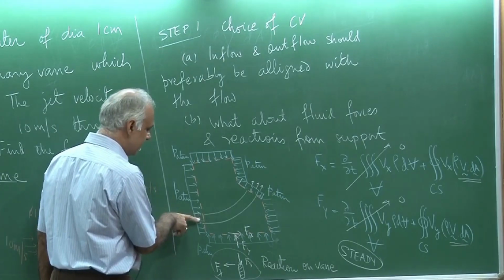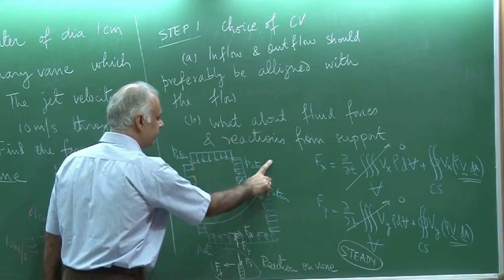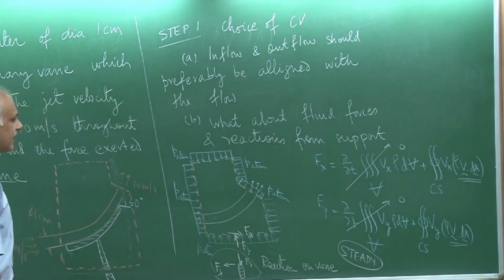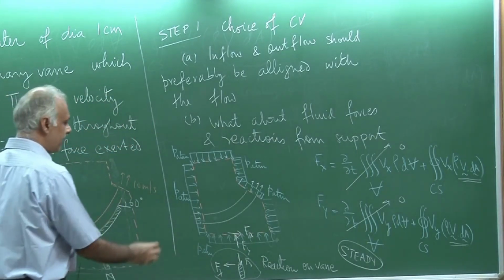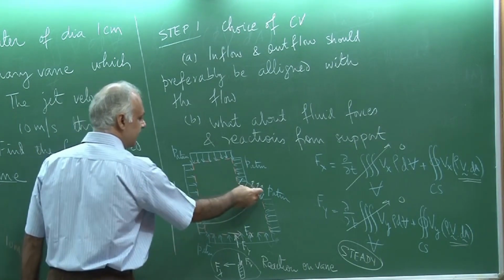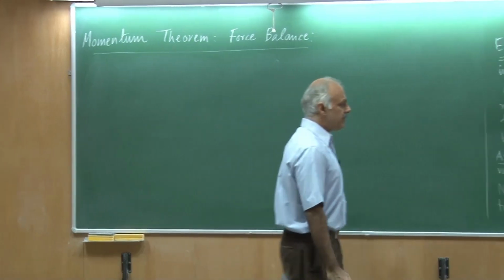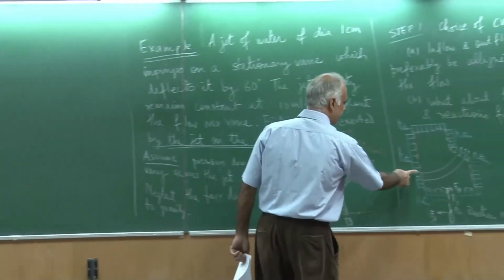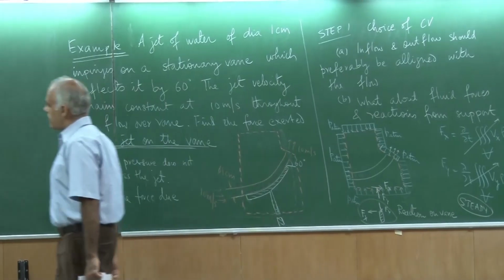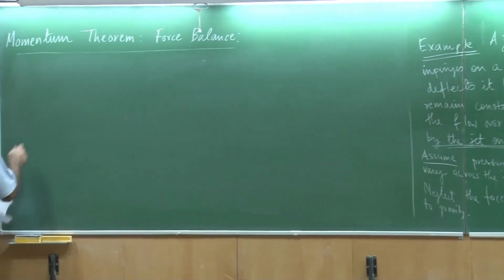Also notice, whatever is the mass flow rate going in is the same which is going out. Okay, so that's constant. So I have a jet at 10 meter per second, the diameter is 1 centimeter, exactly the same thing at the exit. So let's do that. So let me evaluate this term, let's say for the inlet. Okay. So I will draw the control volume again.